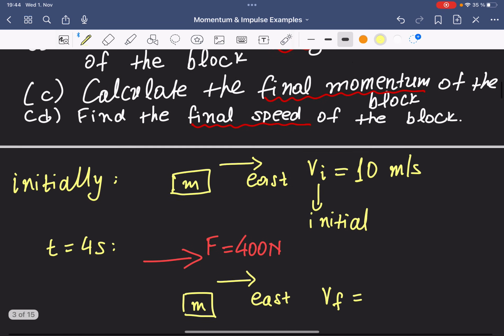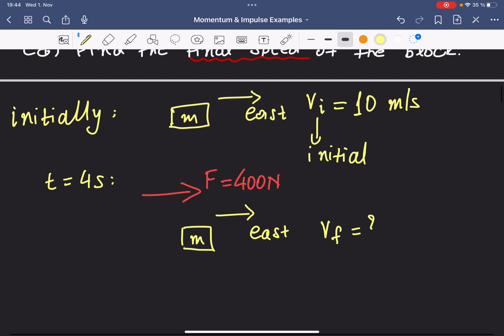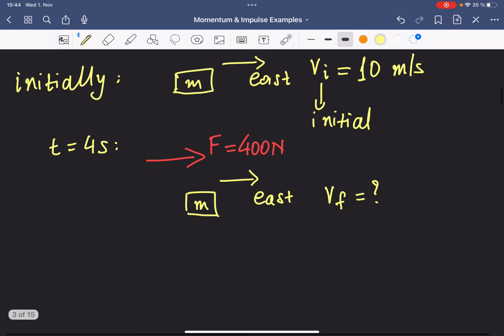So this is a velocity that we don't know.